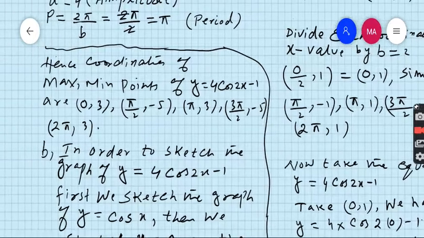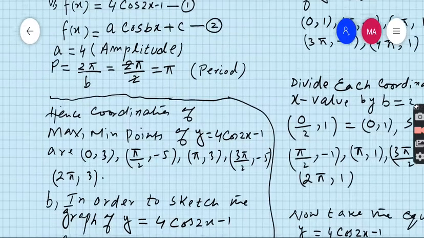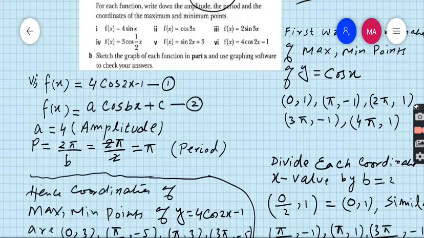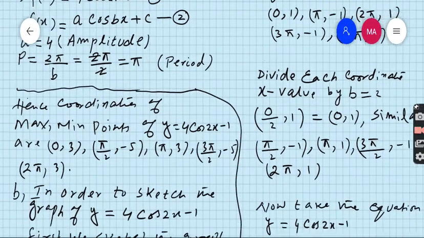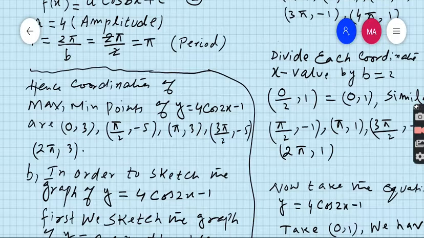So our final answer is, hence the coordinates of maximum and minimum points of y equals 4 cos 2x minus 1 are 0 comma 3, pi by 2 comma minus 5, pi comma 3, 3 pi by 2 comma minus 5, and 2 pi comma 3.